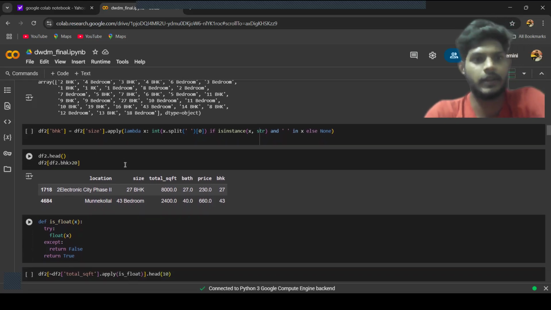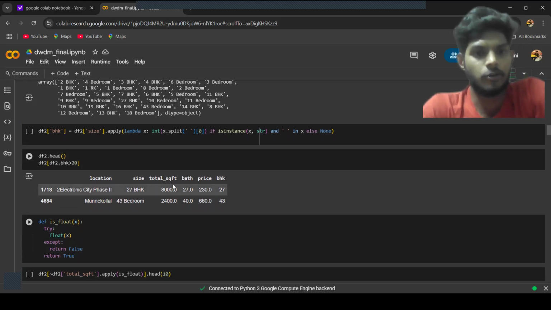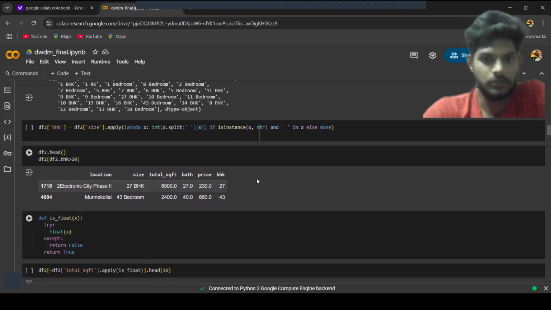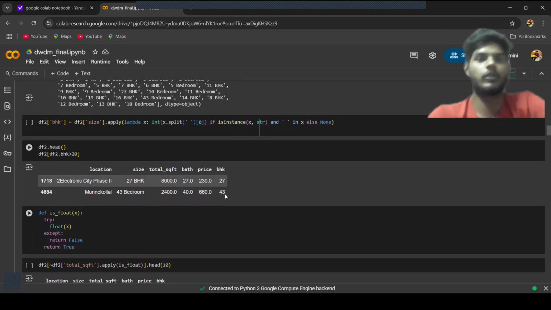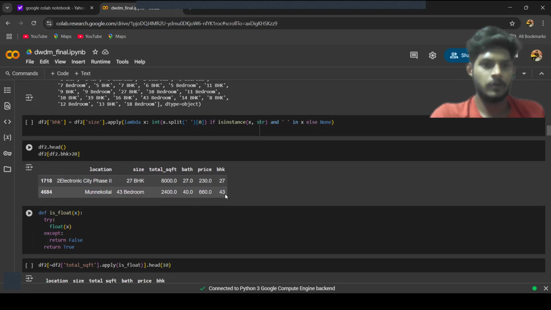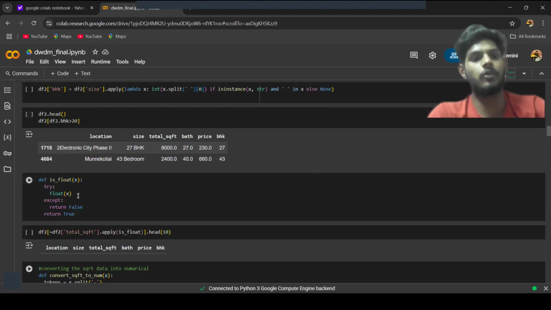Here we are selecting: if the BHK value is greater than 20, then we take that data frame value. That means we can see here 27 and 43 are greater than 20. And now we are converting that value into a float value.